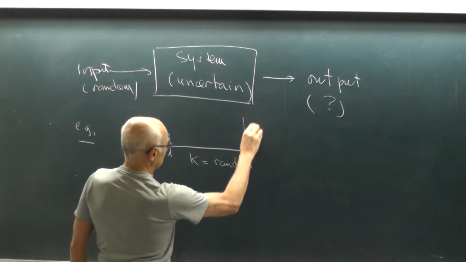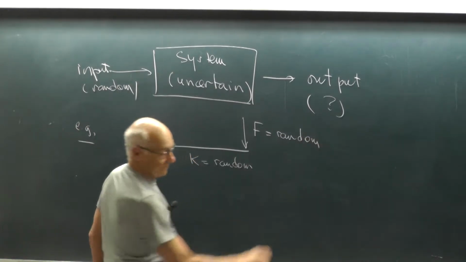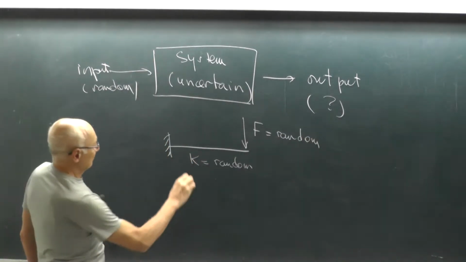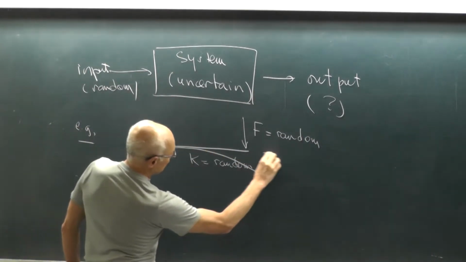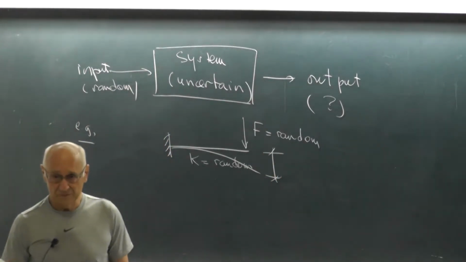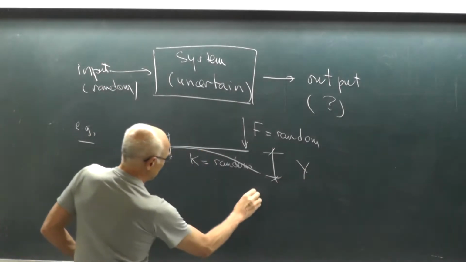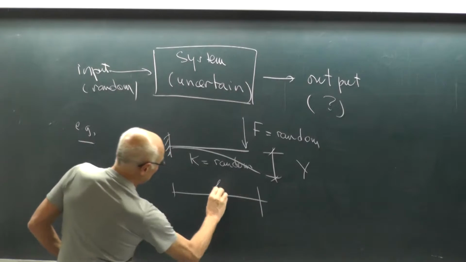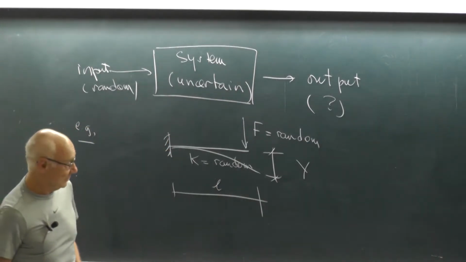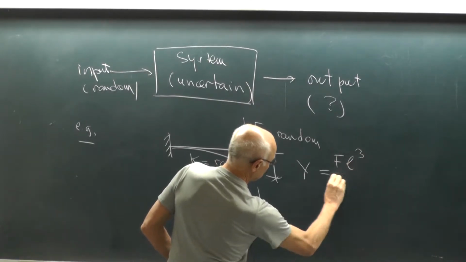And the load is also random. The output of interest is the deformation at the tip of the cantilever, and let's call it y. If the span of this cantilever is given, y has this formula.